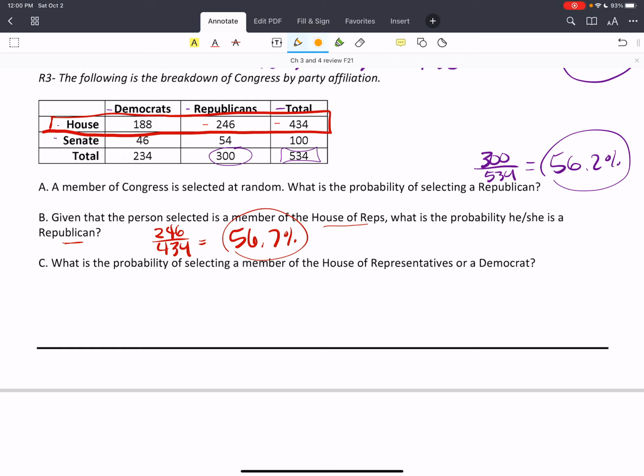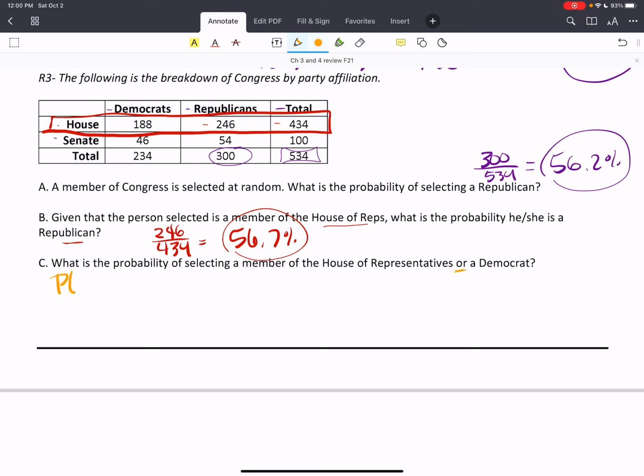Okay? And then the final part of this question, let me get a different color here. Here we go. What is the probability of selecting a member of the House of Representatives or selecting someone who is a Democrat? So here we're talking about, let me write this out for you.